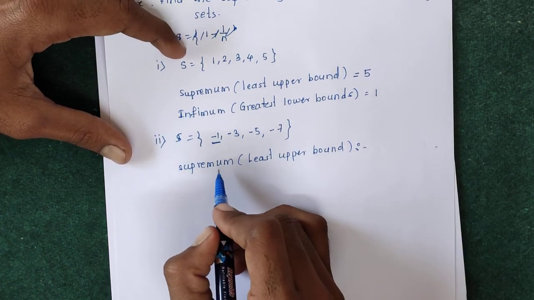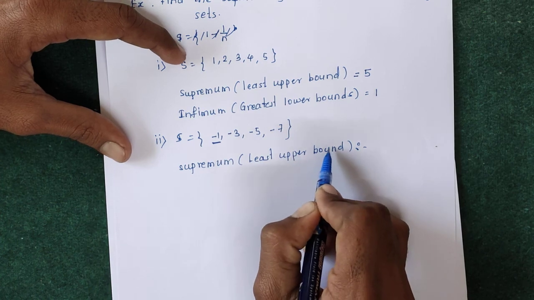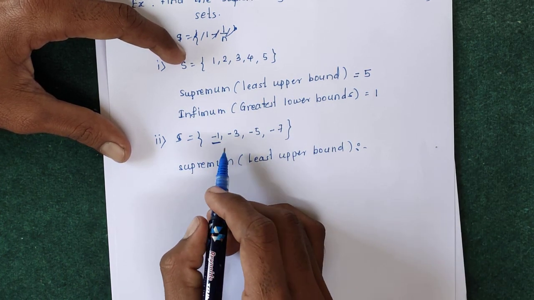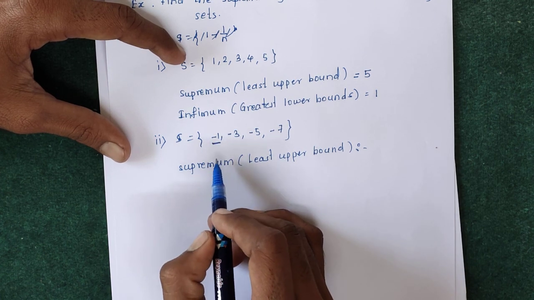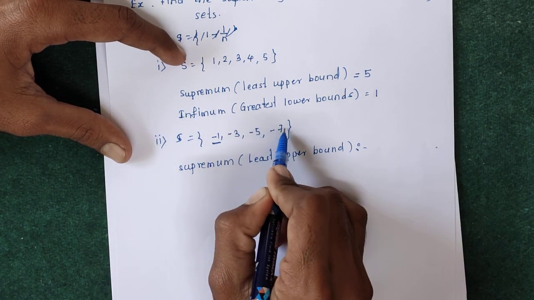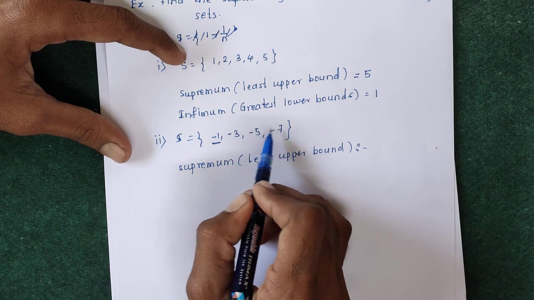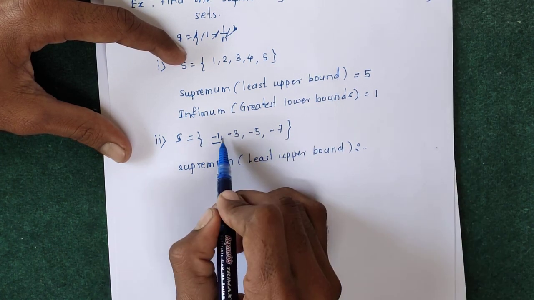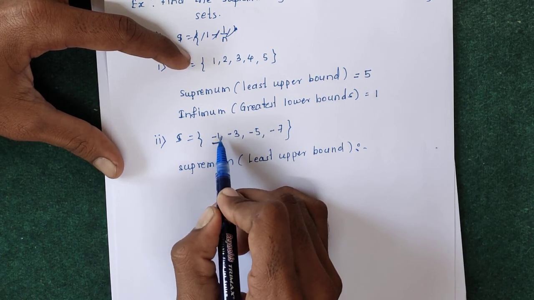Now, to find the supremum, we have to find the least among all the upper bounds. If you take U equal to 0, 0 will be an upper bound. If you take U equal to 1, then 1 is an upper bound, because all the elements of this set are less than or equal to 0, and similarly less than or equal to 1. Similarly, all the elements of this set S are less than or equal to minus 1.